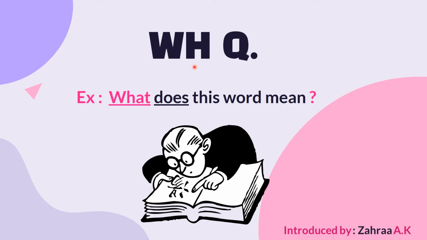So how do we use this، كيف راح نستخدمها؟ Such as this example: what does this word mean؟ ماذا تعني هذه الكلمة؟ فنلاحظ what هي أداة السؤال. All the time, if the WH question comes in the sentence, it becomes at the beginning of the sentence.